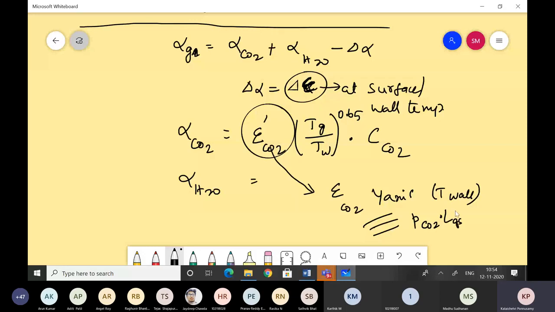But this time you have to multiply it with your T wall divided by Tg. Right, that's why we have seen the absorptivity is going to be a function of T wall again.